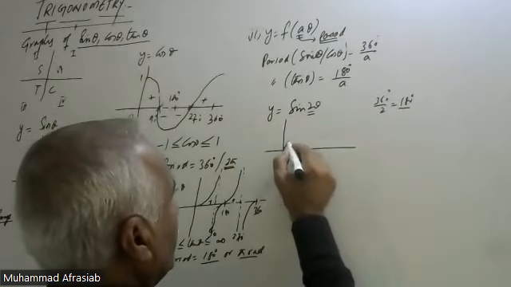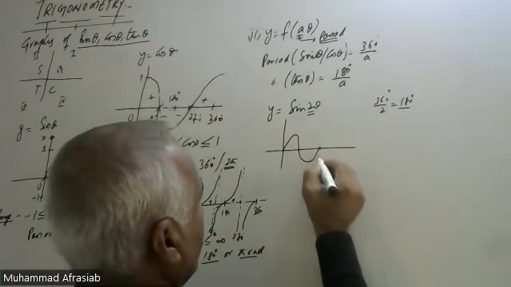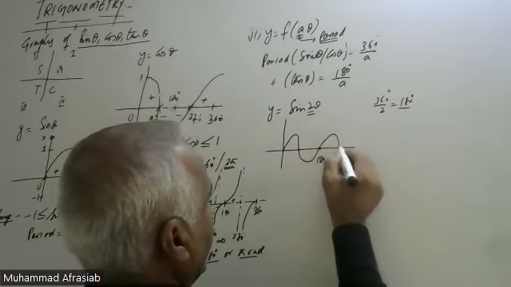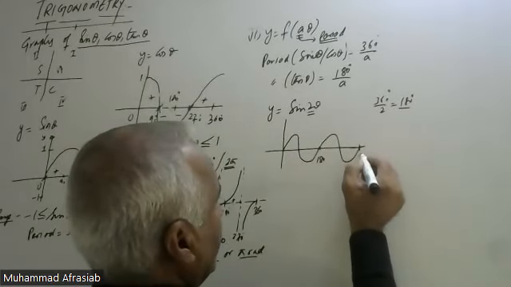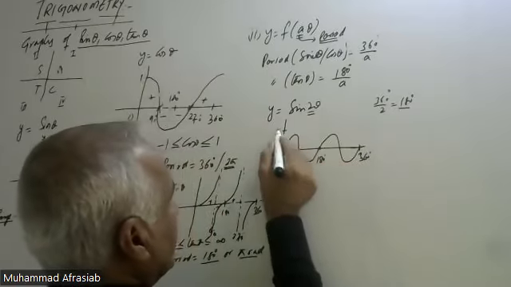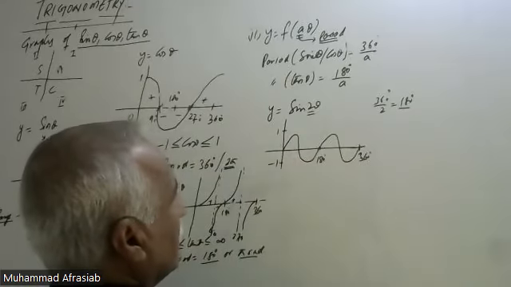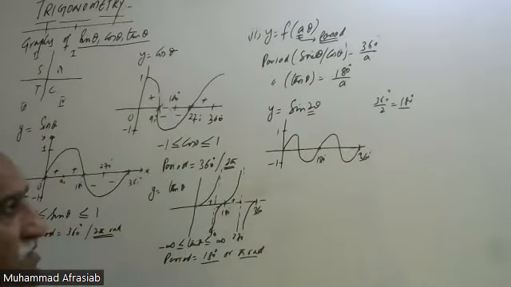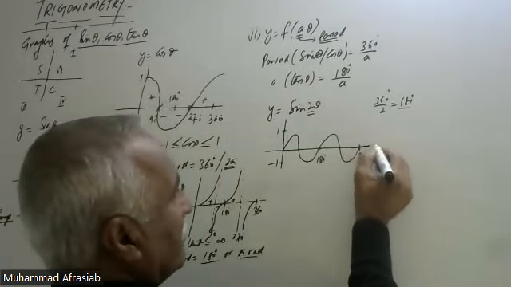So the graph of this will be like this up to 180, and again the shape of this up till 360, from 1 to minus 1. The range is still 1 and minus 1, but the graph is drawn 2 times with respect to the x-axis.